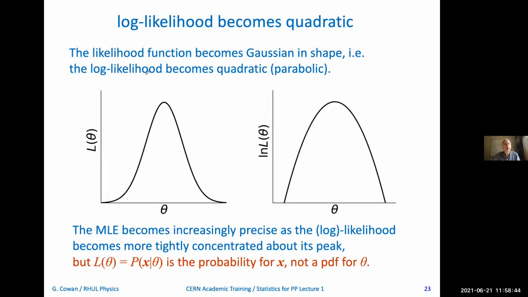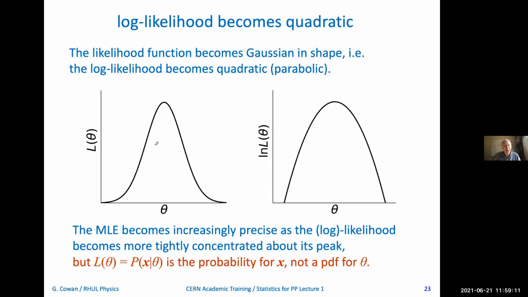So first property, the log likelihood function becomes quadratic, which is to say that the shape of the likelihood function as a function of the parameter becomes Gaussian in shape, right? It becomes increasingly peaked around the true value of the parameter. That doesn't mean, I've said this previously, that the likelihood function is a PDF for the parameter.